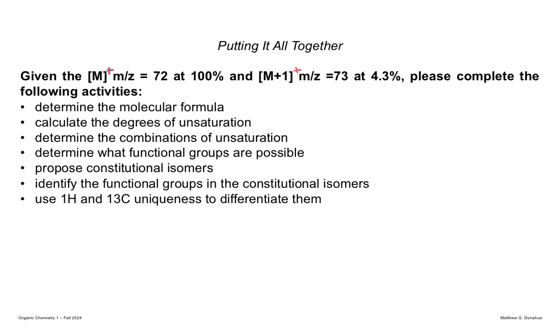Again, just to make the math a little bit easier. The M+1 has a mass to charge of 73. So that's what the +1 means. It's 72, 73. And the abundance of that is 4.3%.